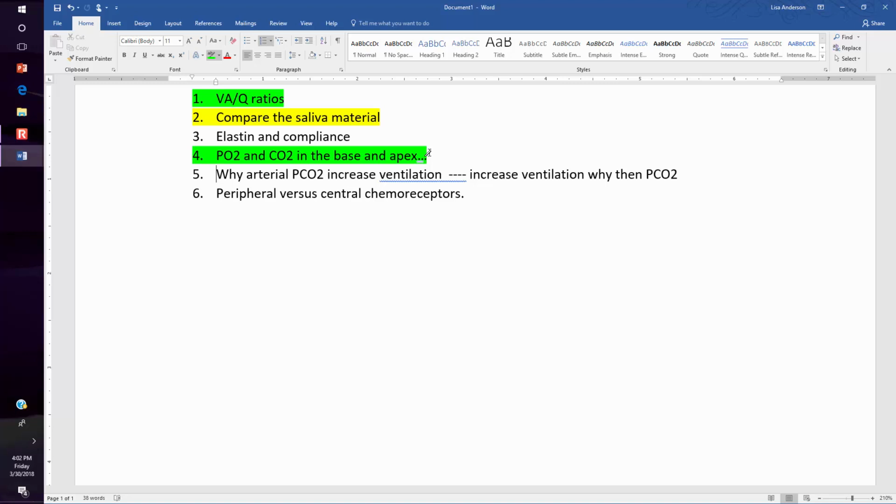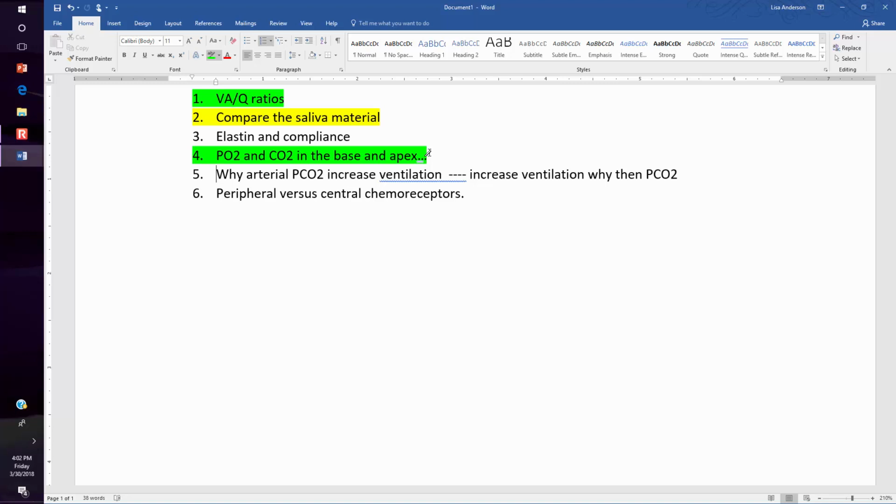So the apex is somewhere in between dead space, where there's no exchange and we don't lose any oxygen, and perfect, where we have good exchange. Somewhere in the middle, the ratio is 1. And whenever there's a ratio of 1, we expect PO2 to be 100, PCO2 to be 40. And when we're undergraduates and we learn about the lungs, they lie to you and say, oh, everything's even, and that's the whole thing, and it's not really that way.